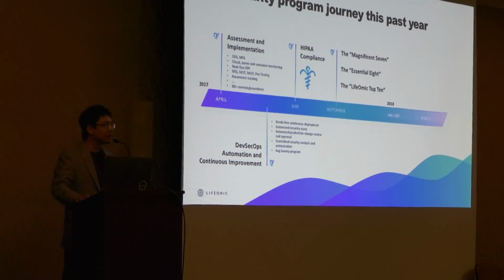Very quickly, we realized there was something that we missed, and 2 hours later, that turned into the Essential 8. Then by the end of that day, we had a final version of 10 foundational principles for our security program, and that became the LifeOmic Top 10. That just shows you how fast a startup moves.